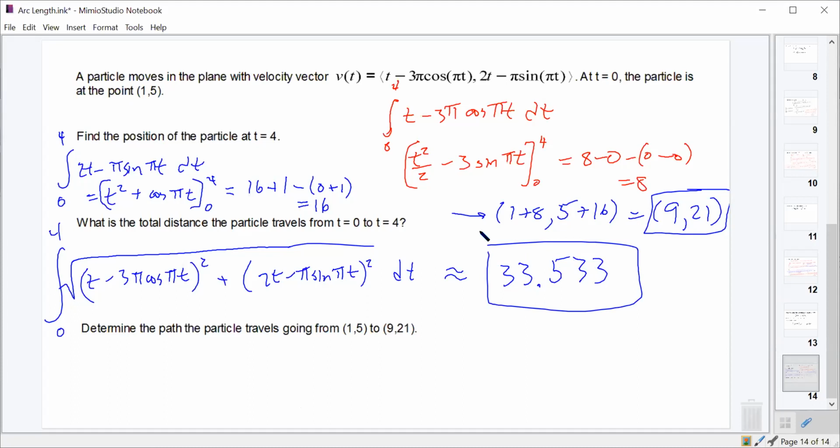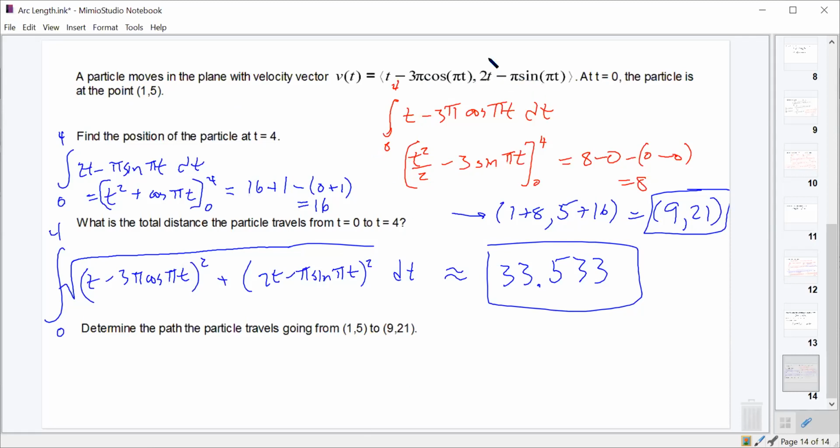I don't know, but I'll write it down in the hopes that somebody else also gets that. Anybody else get 33.533? That seems reasonable. Yes. Because we know this is not going in a normal trajectory. It's not going straight from 1, 5 to 9, 21. Clearly, because it's got a bunch of pi's and cosines and sines in there.